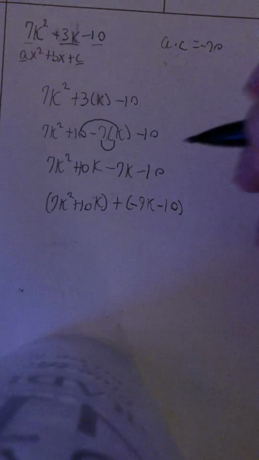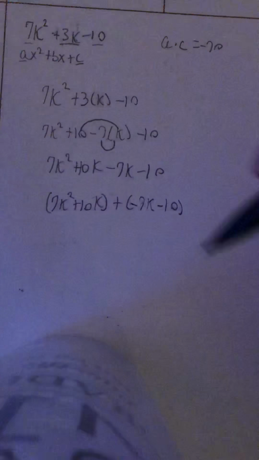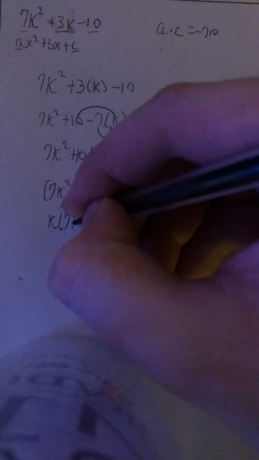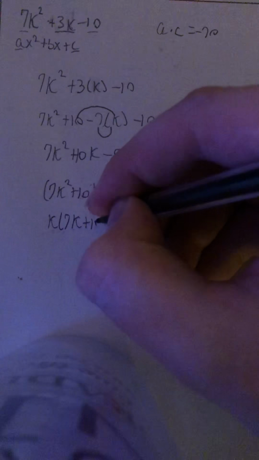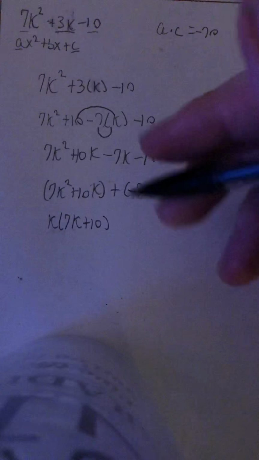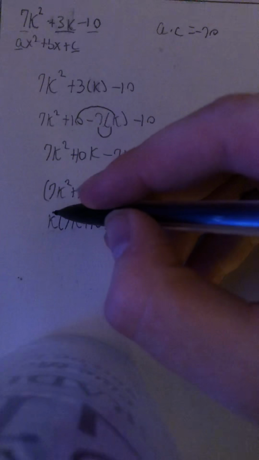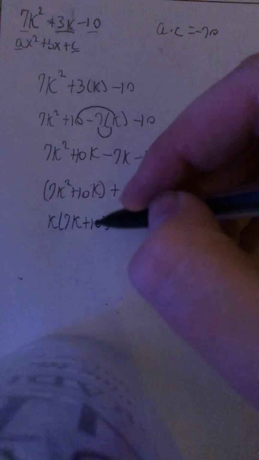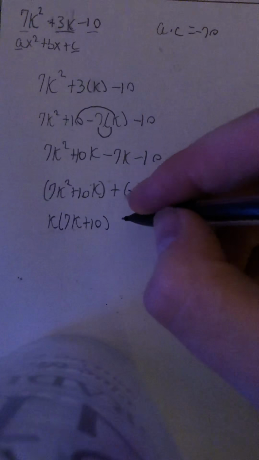All right. And now I'm going to factor out what I can from each term. I can factor a k out from these two terms. Okay, so what do these guys have in common? They have a k, so I'm just pulling that out. If I were to distribute this k into both terms, I get back to that.